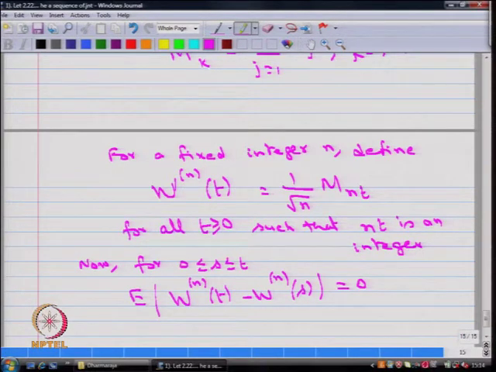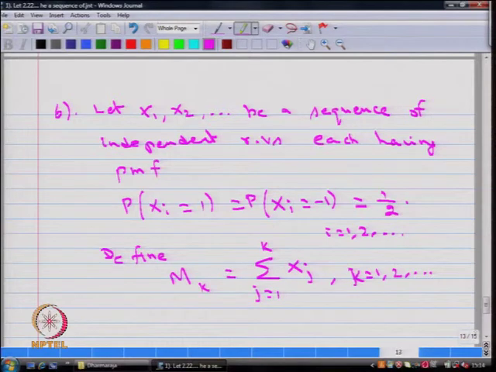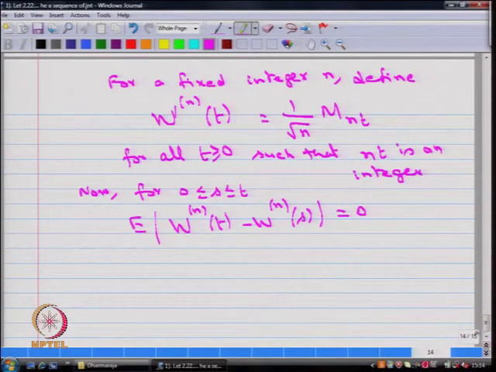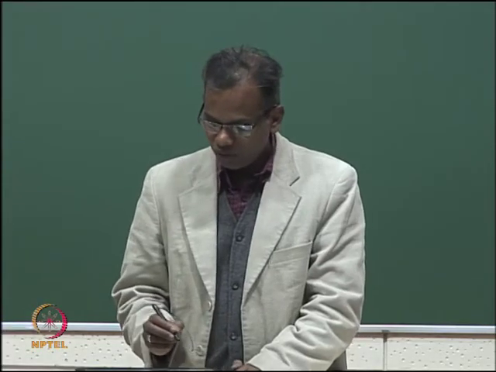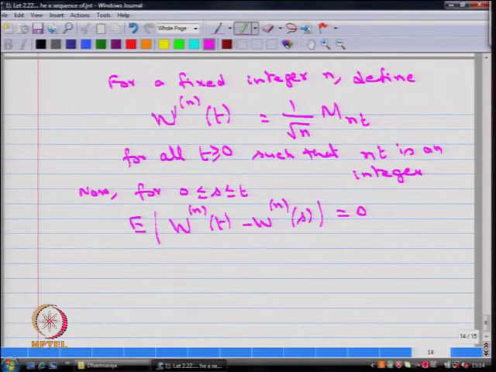That means W_n of t is 1 divided by square root of n times M_n of t, and the way we define M_n of t, that is a summation of X_i's, and the probability of X_i equal to 1 and the probability of X_i equal to minus 1 is 1 by 2. Therefore, the mean of X_i's is going to be 0. Because of that, the expectation of W_n of t minus W_n of s is equal to 0.